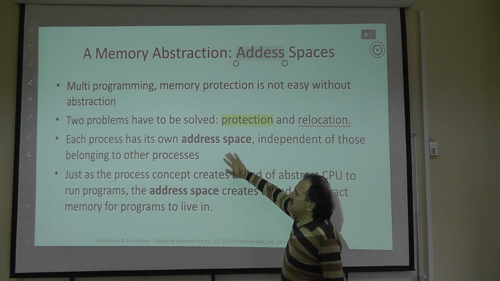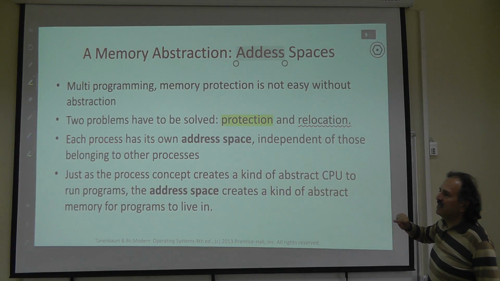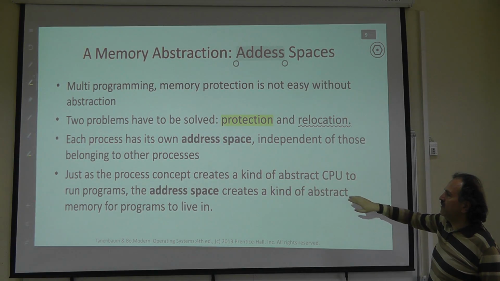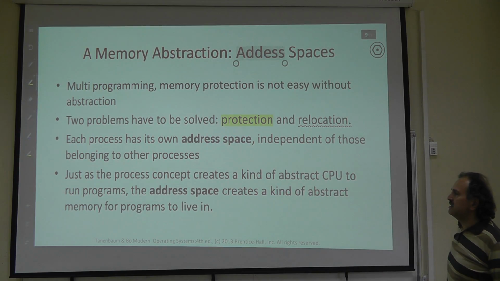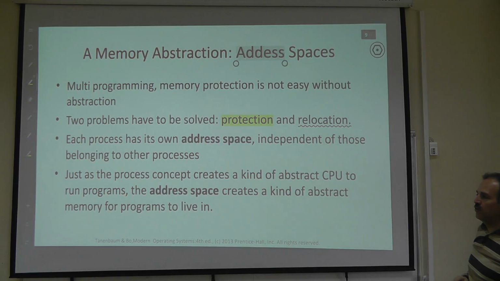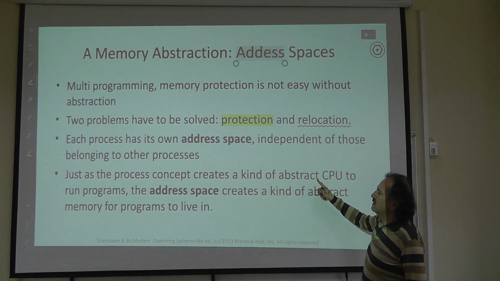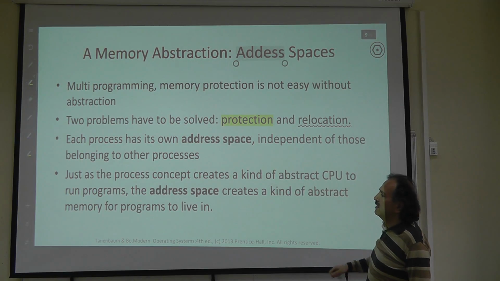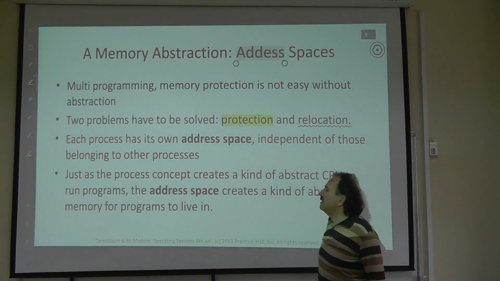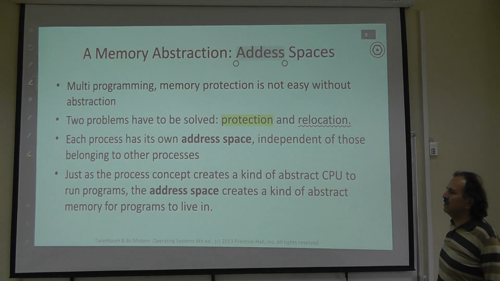This idea of address space is very similar to the concept of processes. Just as the process concept creates a kind of abstract CPU to run the programs, the address space creates a kind of abstract memory for programs to live in. The process concept makes the processes think that the whole CPU belongs to them, and the address space creates this illusion for the memory.